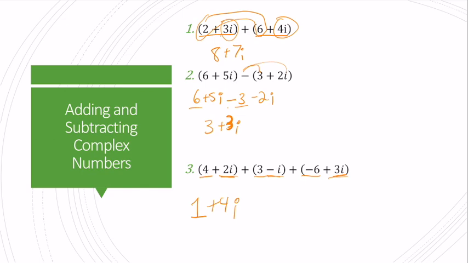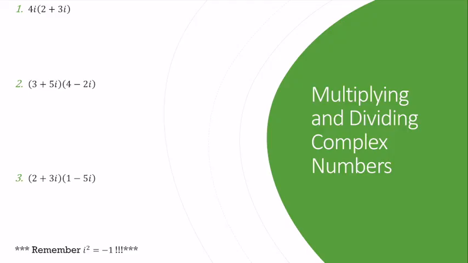When we're multiplying and dividing complex numbers, we have to make sure we're distributing, we're FOILing. All of those same rules still apply, but we have to remember this one extra piece of information that i squared is -1. So let's practice multiplying some complex numbers. If I have 4i times 2 plus 3i, that's going to become 8i plus 12i squared.